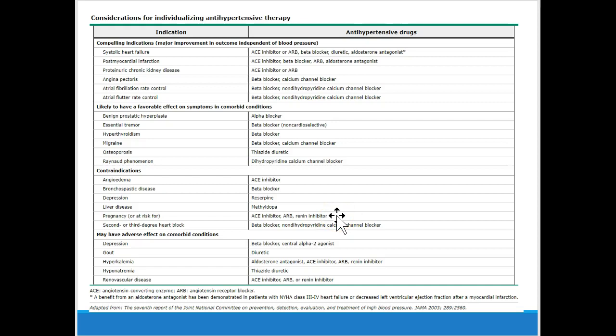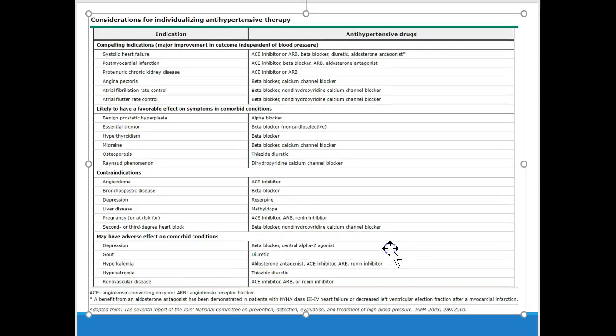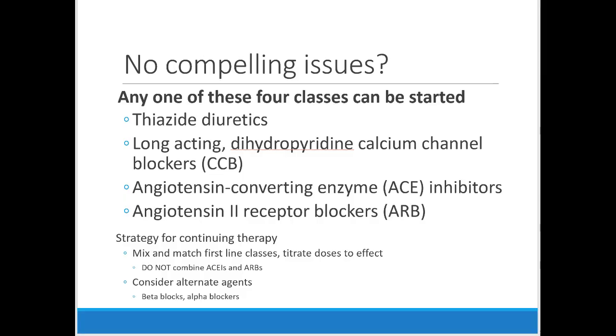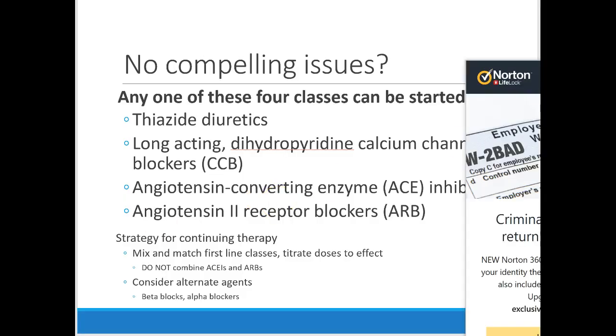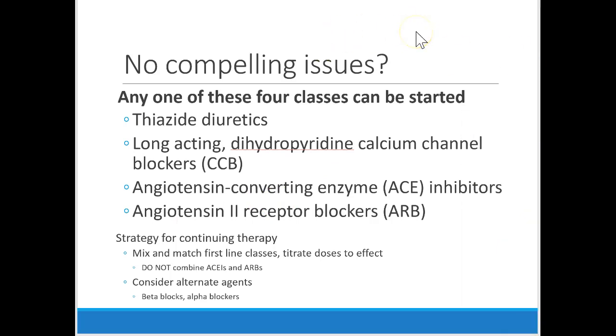I think diabetic patients aren't really on here because there are some preferred agents, but with diabetes, you can pretty much use everything. Renal vascular disease, you could maybe consider that like a diabetic patient getting to the point where they're at risk for something like that. But anyway, let's keep moving. If somebody doesn't have any compelling issues, any one of the 4 classes can be started.